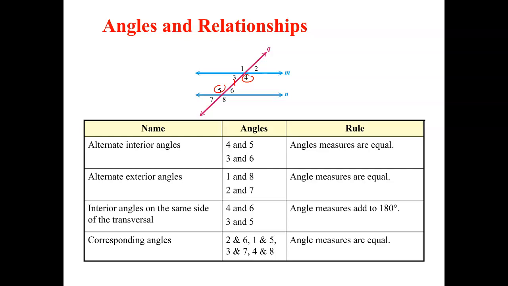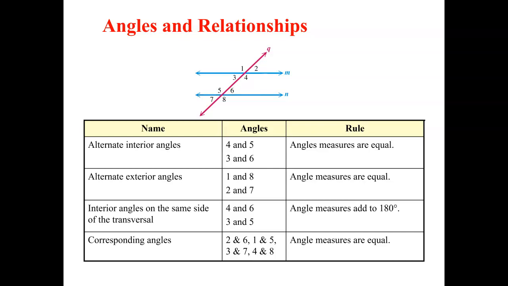Alternate interior angles are congruent. They have the same measure. And then, using the supplementary relationship, if I know the measure of angle 5, I also know the measure of angle 6, because their sum has to be 180. So as long as I know one of those angles, I can find the rest of them.